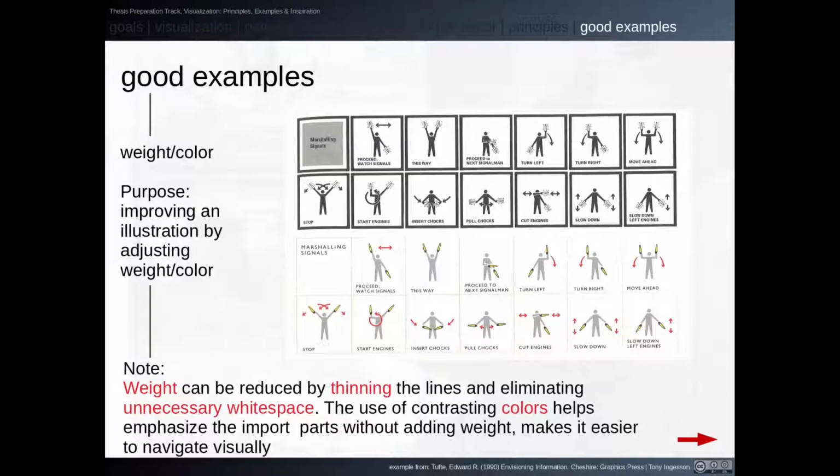Weight here can be reduced by thinning the lines, removing the boxes around each of these figures, as well as eliminating unnecessary white space, and instead using the existing white space more efficiently. And then finally, as previously stated, the contrasting colors help you emphasize the important parts without adding weight. It makes it much easier to navigate this visually and to focus on the important parts.